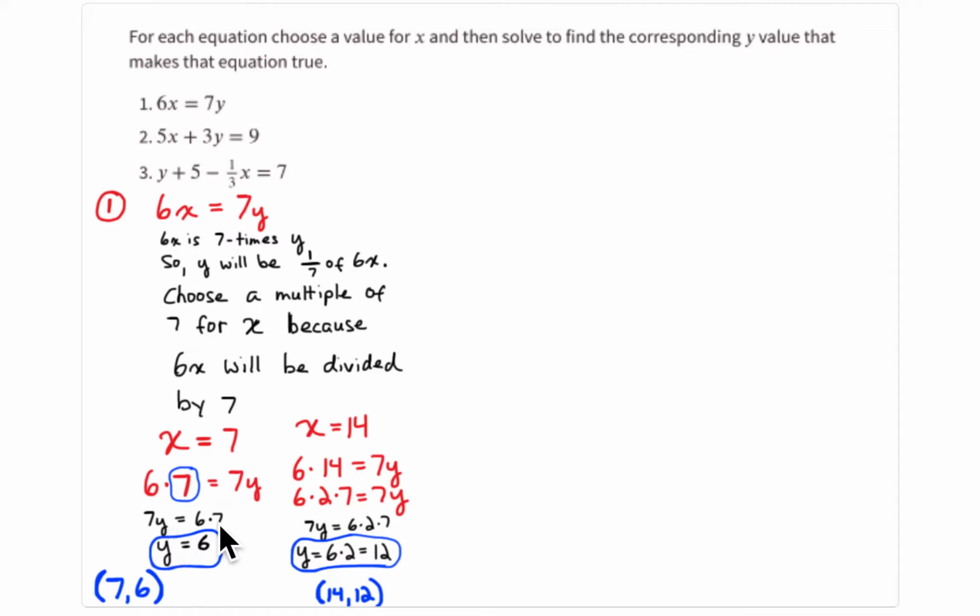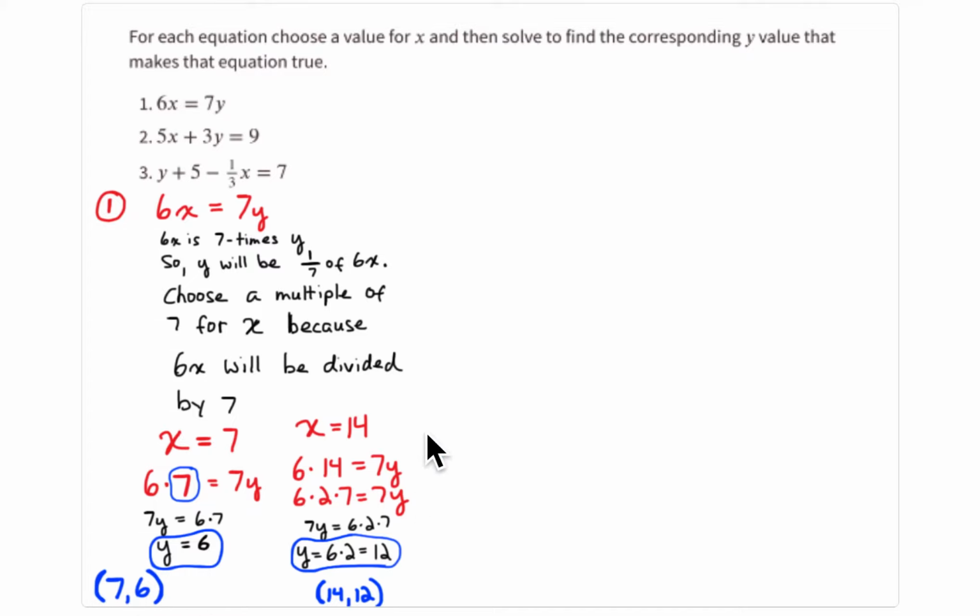So 7y equals 6 times 7. I just flip this over the equal sign, switching the order I'm writing it. So if 7y's equals 7 6's, then 1y is going to equal 1 6, or y is equal to 6. So the coordinates for that point are 7, 6.